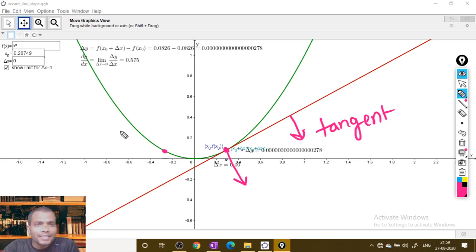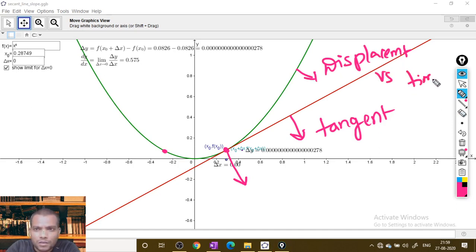So to calculate the instantaneous velocity, suppose this is my displacement curve, or position versus time curve. To find the instantaneous velocity, what shall I do?